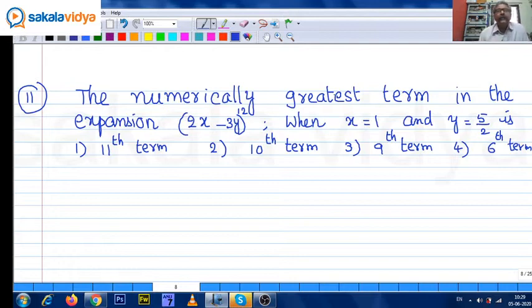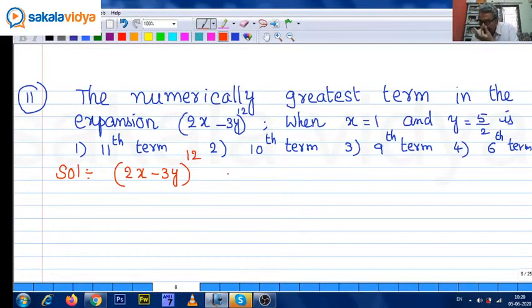So now the numerically greatest term in the expansion we need to find out. Given the expansion (2x minus 3y) whole to the power of 12, it needs to be put in the form of (1 plus x) to the power of n. So let us take 2x common.